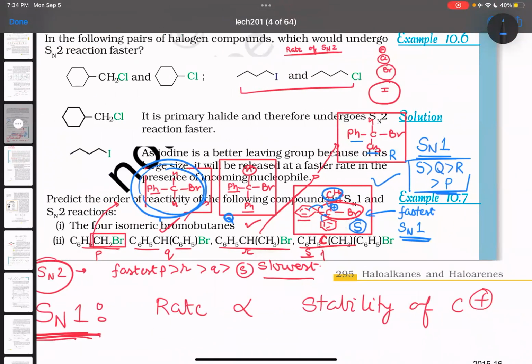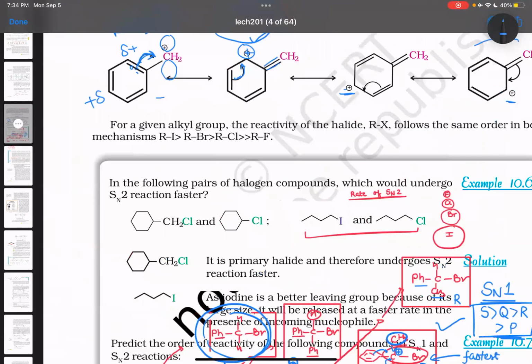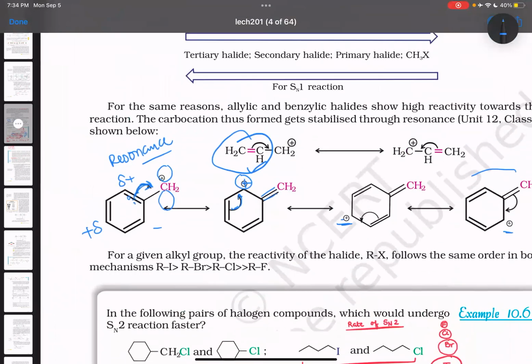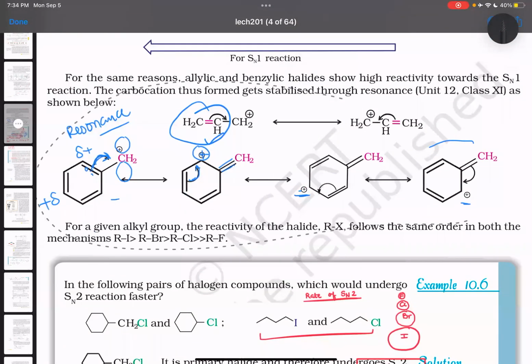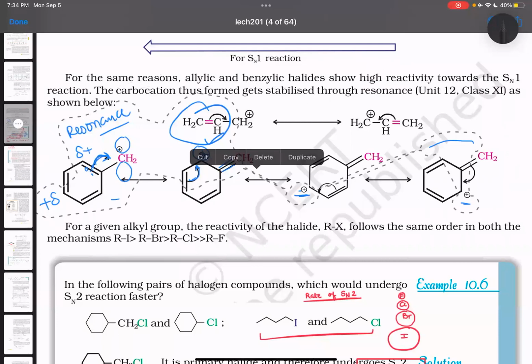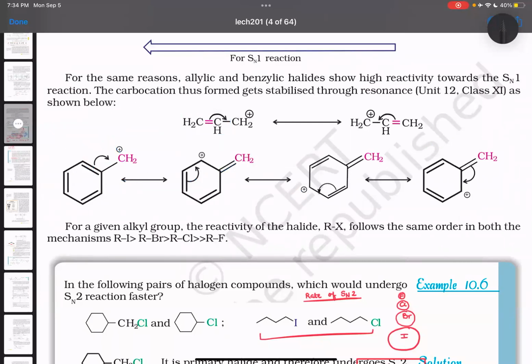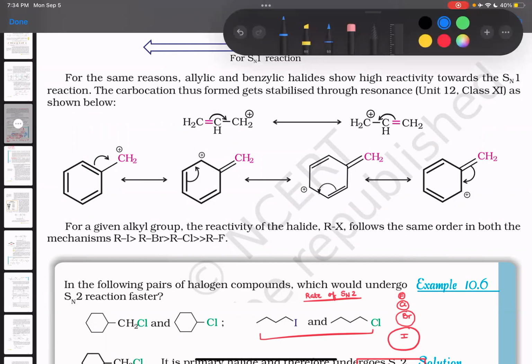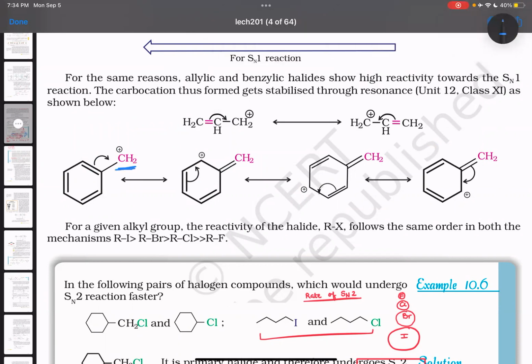Is it clear to all of you how we decide the rate of SN1 and SN2? Okay. So look here, guys, how the double bond stabilizes the cation. If a cation is formed and there is a benzene ring, the benzene ring is actually a blessing for the cation.